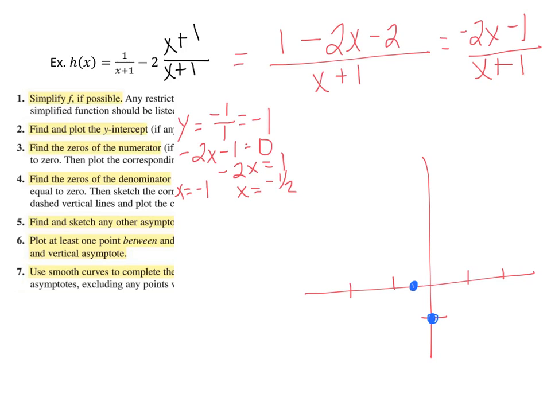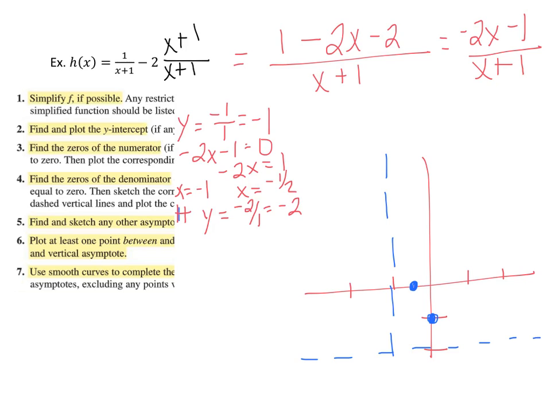So there's a vertical asymptote. Any other asymptotes? Now I'm looking at my horizontal asymptotes. Degree on top is the same as the degree on bottom, so I'm looking at their coefficients. Negative 2 over 1 is negative 2. I need to go down to negative 2. There's another asymptote.